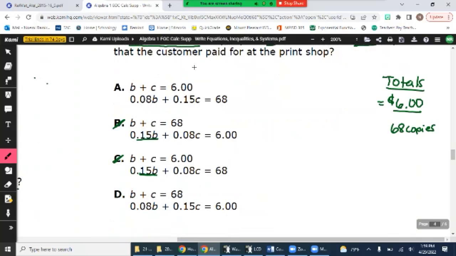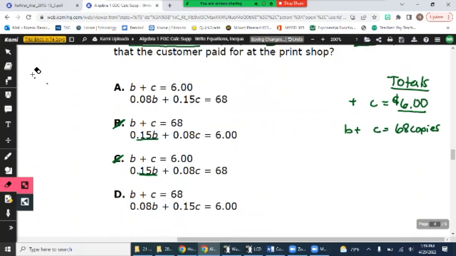I know my variables are, man, I was about to write X and Y, B and C. Now, since the 6 represents a dollar amount, I was able to find other dollar amounts in the problem.